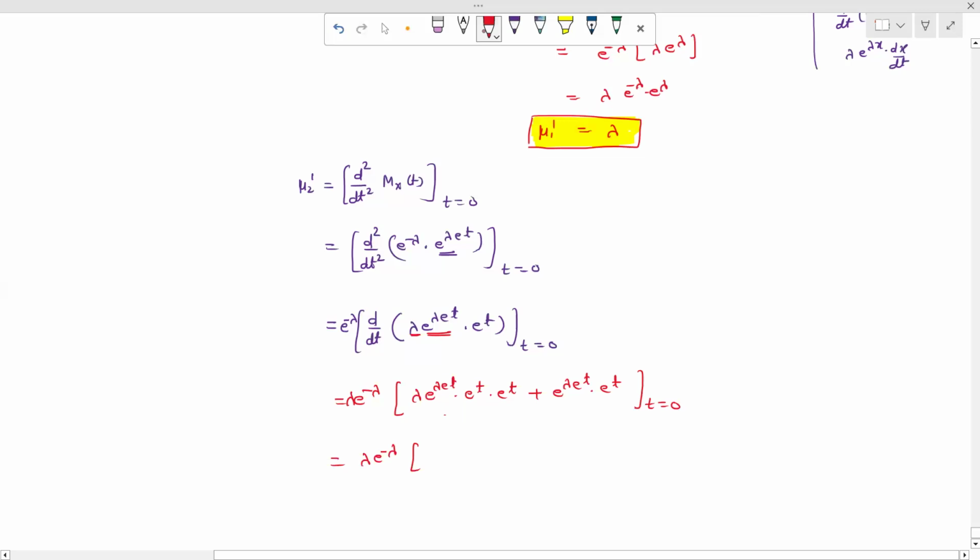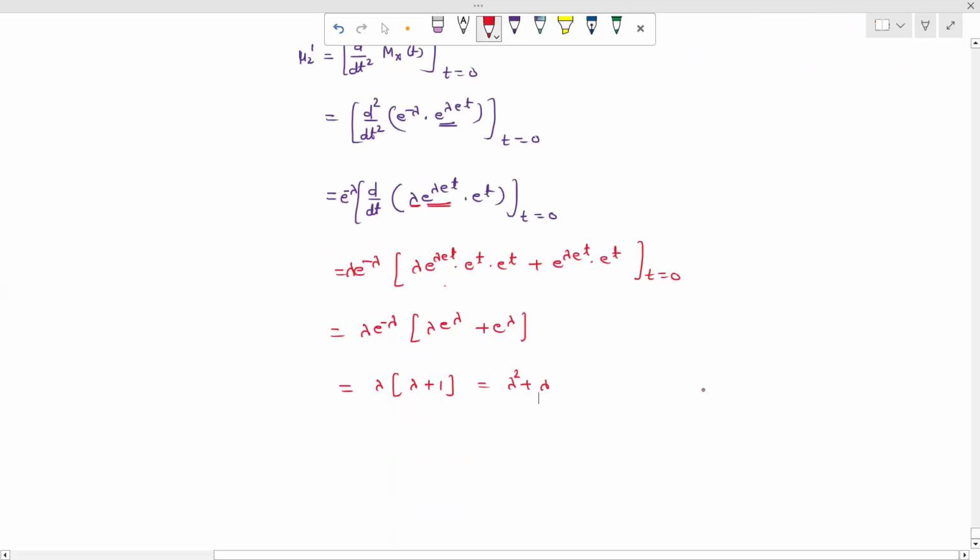When we put t equal to 0, e raised to the power 0 is 1, so we get e raised to the power lambda in both terms. Now we simplify this, so this gives us lambda plus 1, so this gives us lambda square plus lambda. So this is our mu2 dash.